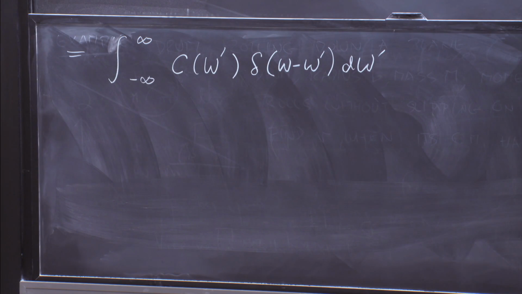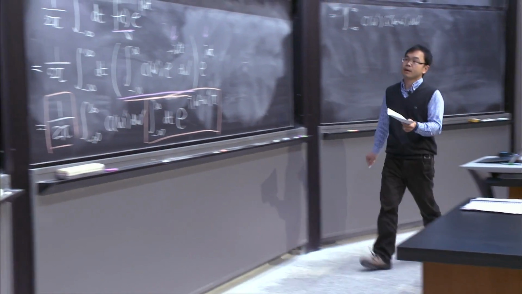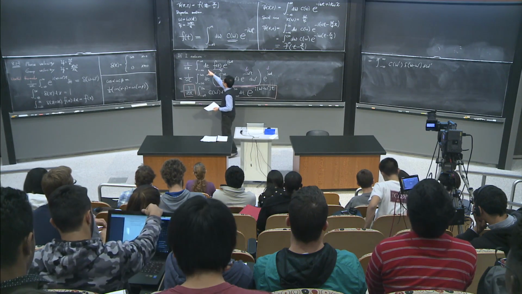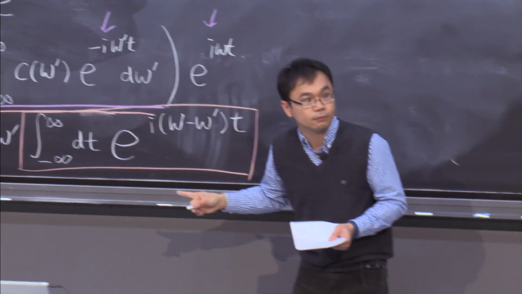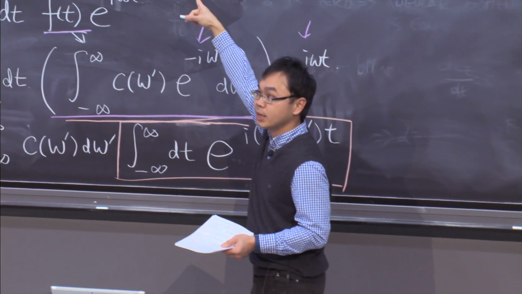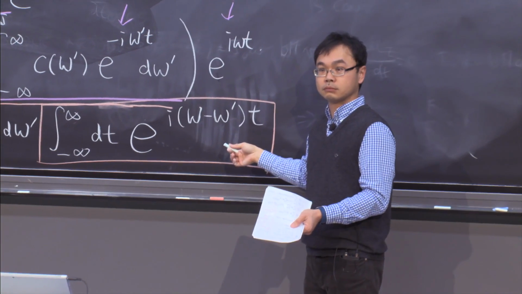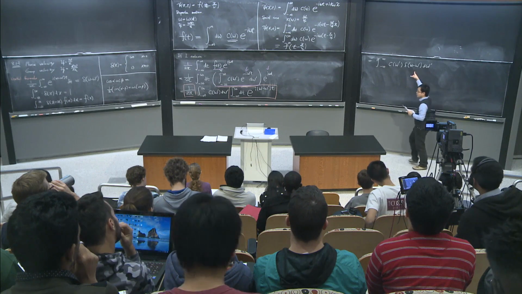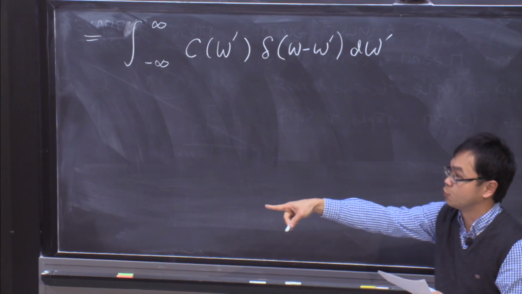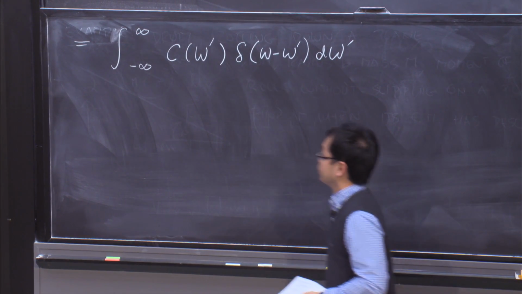Am I going too fast? Everybody is following? Okay. So you can see what we have been doing: I use this formula coming out of nowhere. I replace f by the formula I was writing there, and then I collect the terms I like together. That's all I did. Then I found that one part of the formula is actually the delta function, so I put the delta function here.